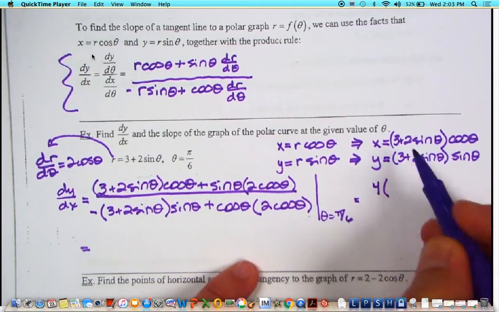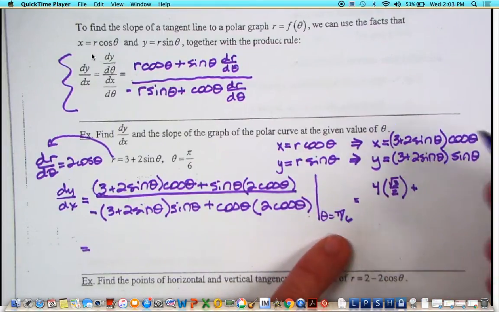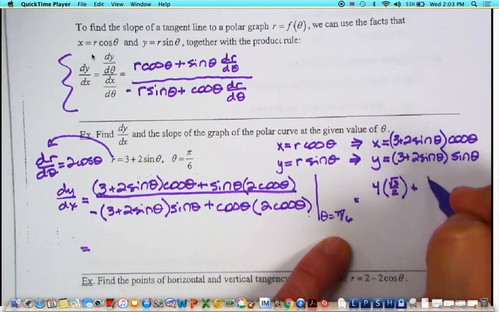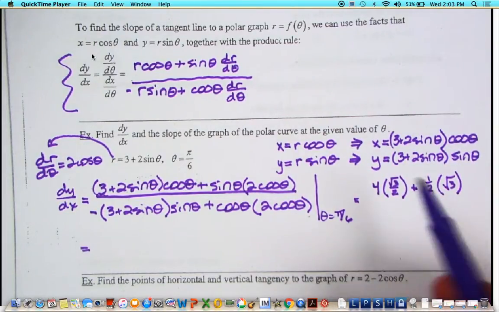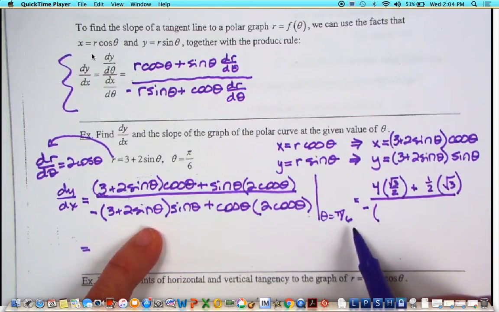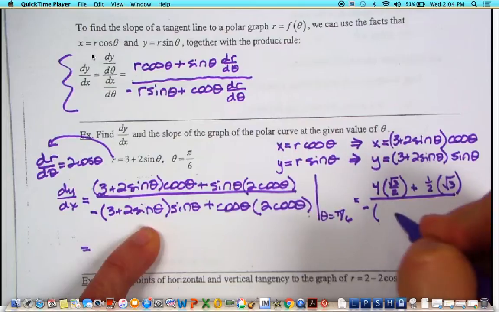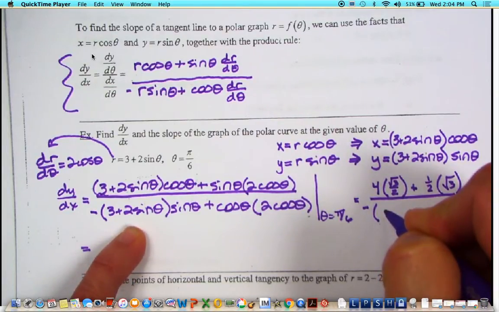Cosine at pi/6 is square root of 3 over 2, plus sine at pi/6 is 1/2, cosine is square root of 3. All over negative sine, and it's 3 plus square root of 3, right?